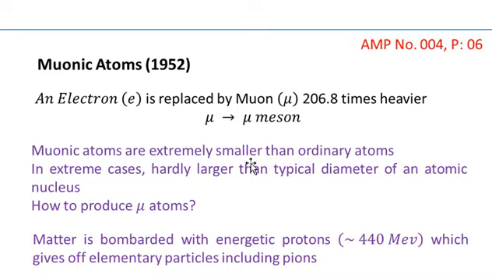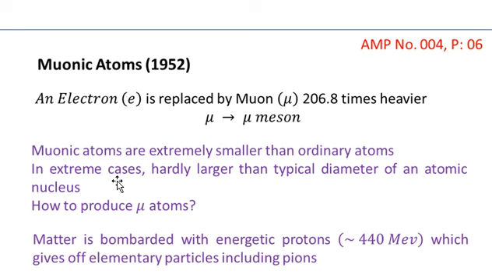Muonic atoms are extremely smaller than ordinary atoms, because when an atomic nucleus captures a muon particle, then due to its very heavy mass, its orbit will be very close to the nucleus. That's why I have said that muonic atoms are extremely smaller than ordinary atoms.